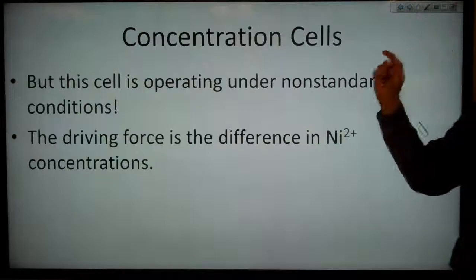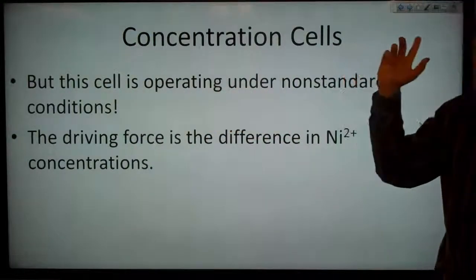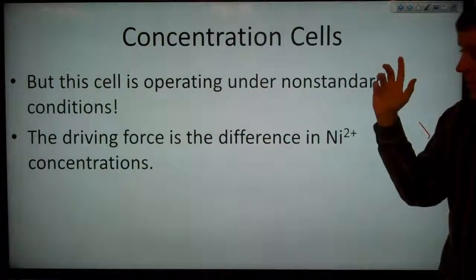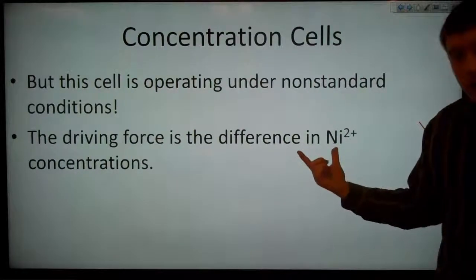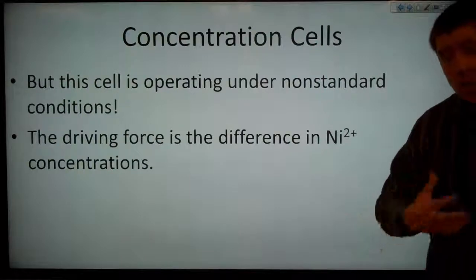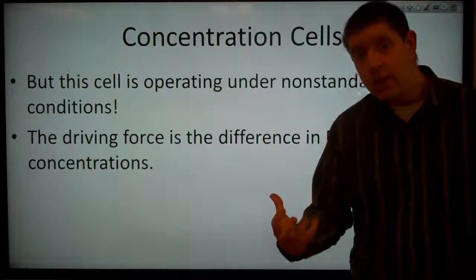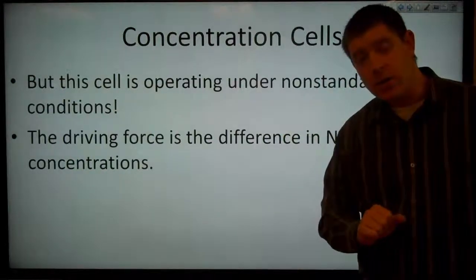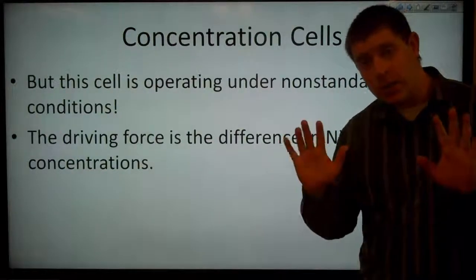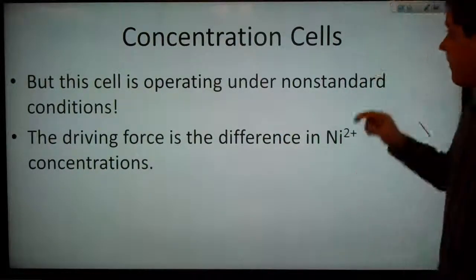We're not operating under standard conditions, because one side has a nickel concentration of 1 molar, but the other side does not. Our driving force here is the difference in nickel concentration. Essentially, this reaction will proceed spontaneously until the concentration of our nickel ion in each compartment is the same.